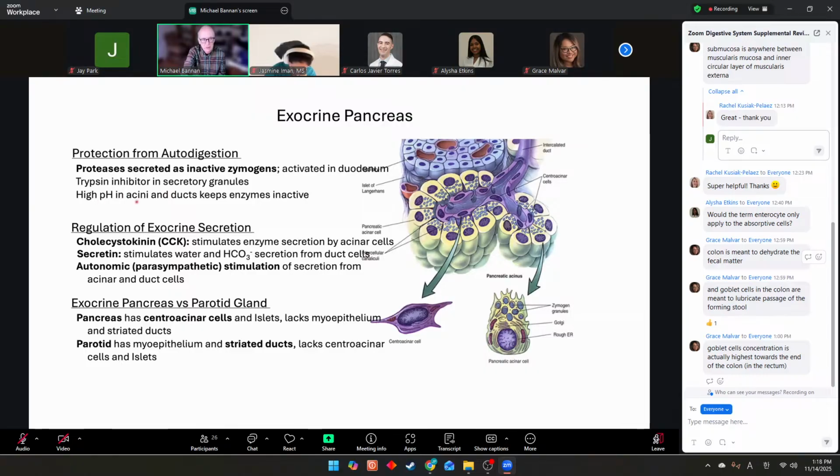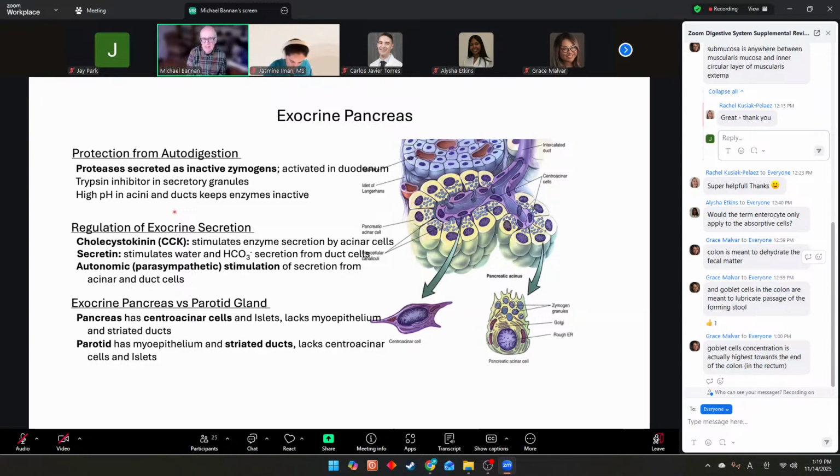The other mechanism we use is a cascade of activation that utilizes trypsin. So trypsin is synthesized and secreted with a trypsin inhibitor. That prevents trypsin from being activated within the cell. But once the trypsin is released in the duodenum, it encounters an enteropeptidase, an enzyme that acts on proteins that is located within the small intestine, and that activates trypsin.